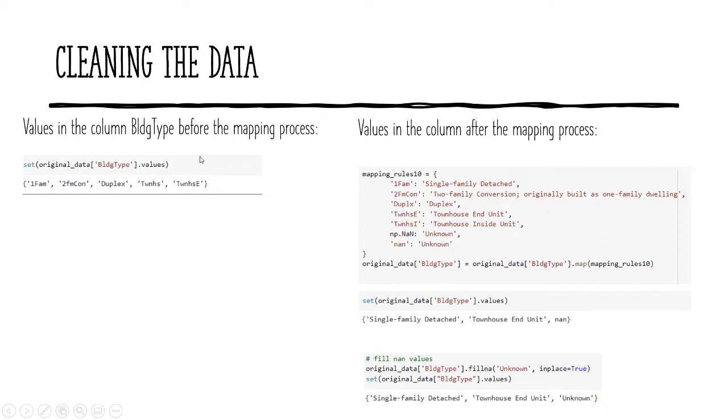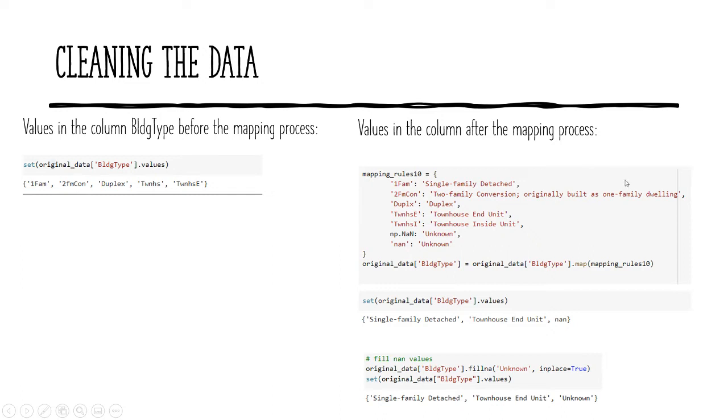So at the beginning, for example, we have this column, building type. At the beginning, the building type column had those values, and if you just look at this, you wouldn't understand what they mean.